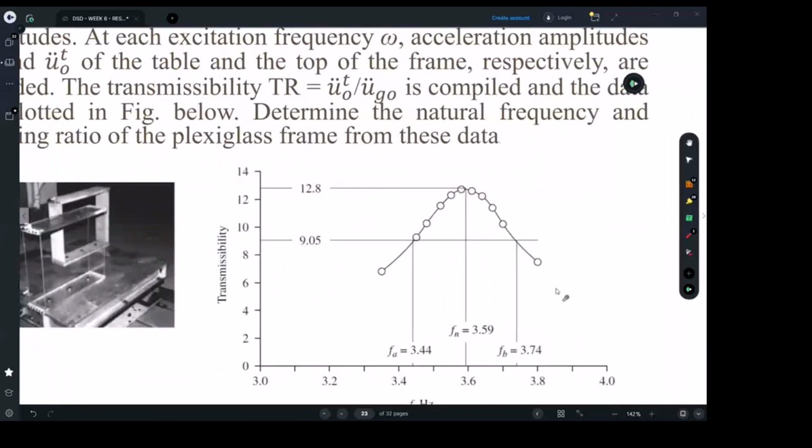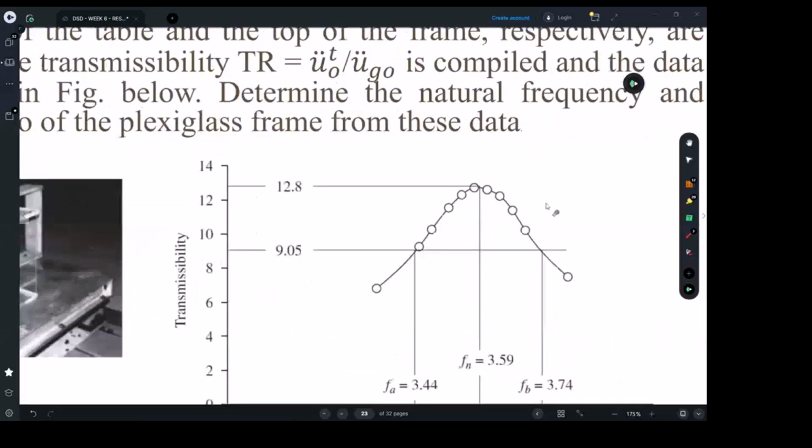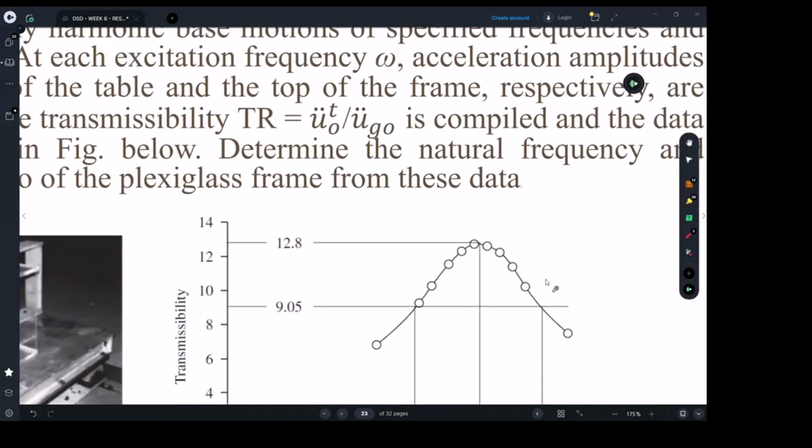So can someone tell me, both people who are with me online, what's the frequency here? How can you determine the natural frequency of the frame that we tested from the view I'm showing you?